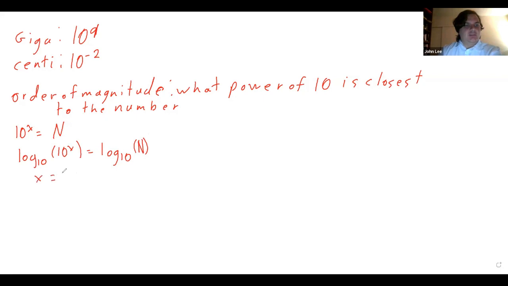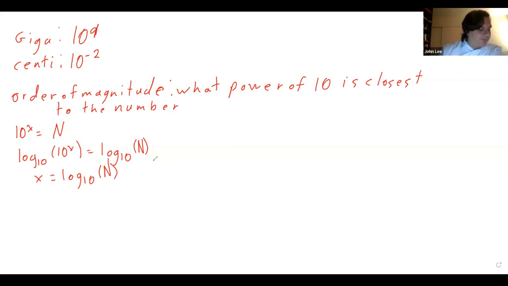So x equals log base 10 of n. And the order of magnitude is the nearest whole value that this value is going to give you.